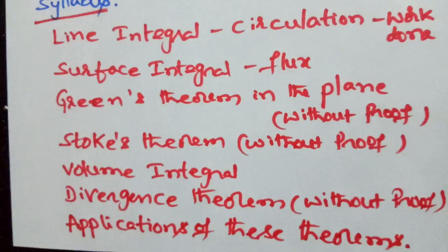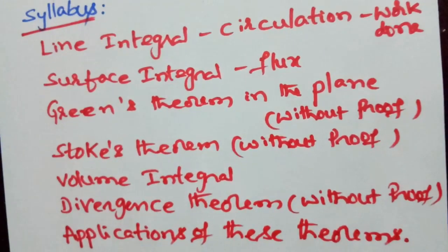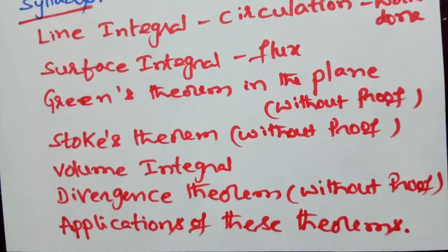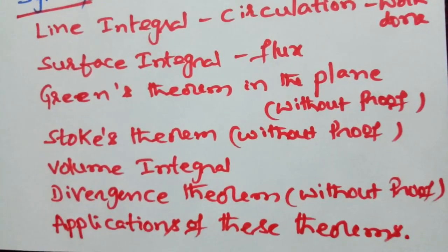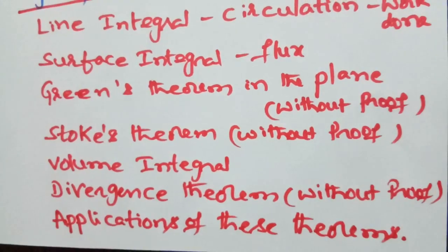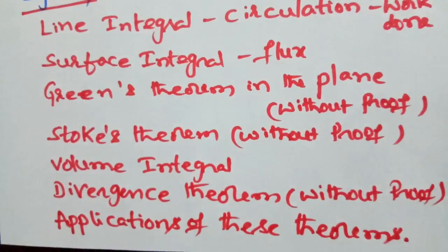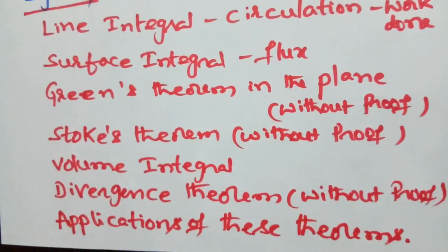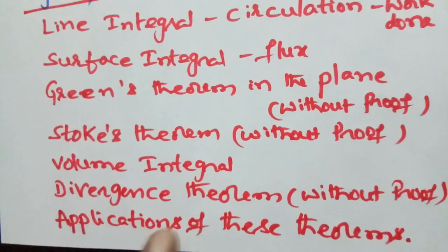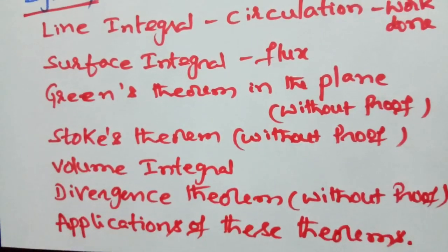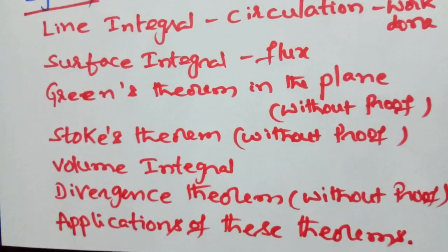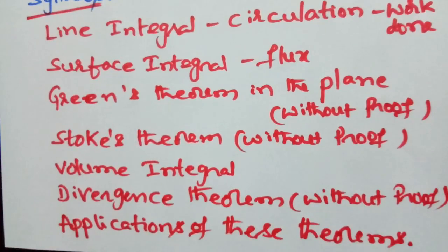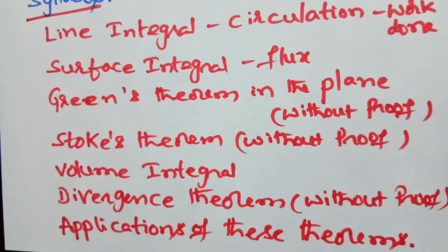So this is also the relation between line and surface integration. So divergence theorem. This is the Gauss divergence theorem, and this is the relation between volume and surface integration, and we discuss applications of these theorems.